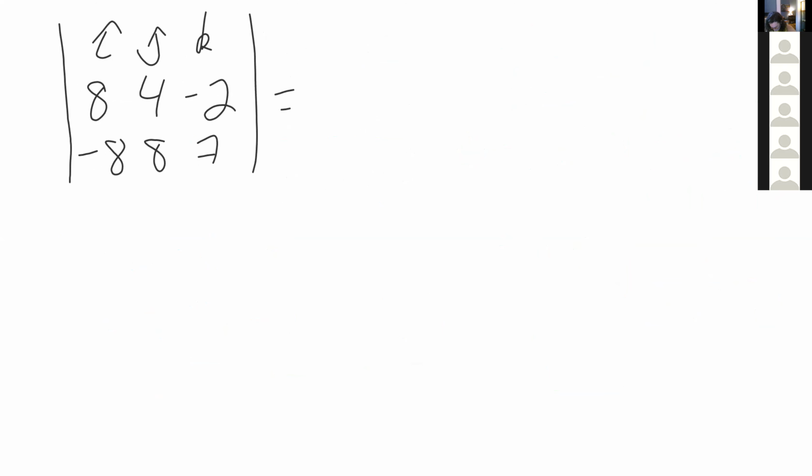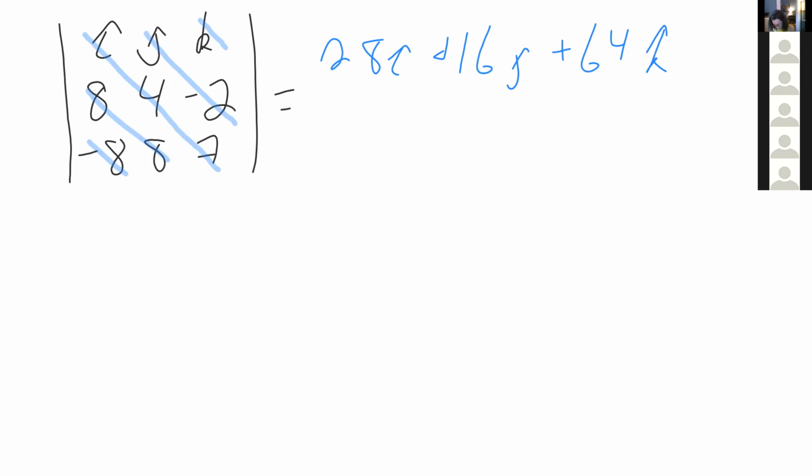All right, and let's practice our cross producting. Starting with I hat, we go down and to the right. 4 times 7 gives us 28 I hat. Then J hat times negative 2 times negative 8 gives us plus 16 J hat. And then K hat times 8 gives us plus 64 K hat. And then we will go down and to the left, I times negative 2 times 8.